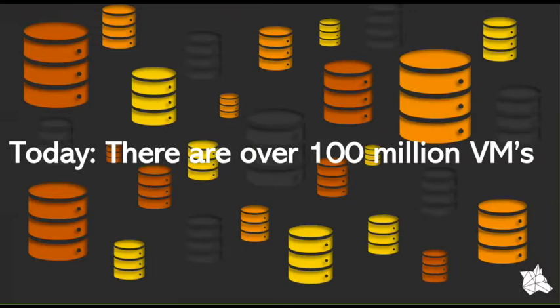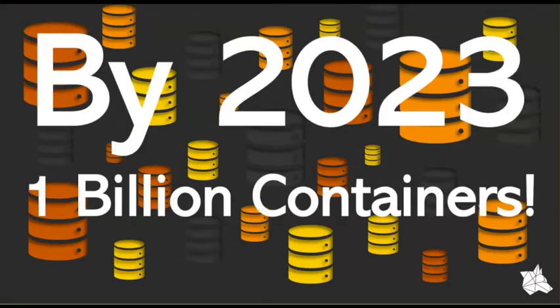So market analysis suggests that by 2023, there's going to be 1 billion containers. There's going to be 1 billion containers within the next 3 years. So that is a massive scale up. Now, a lot of those containers will obviously be for development workloads. A lot of those containers will be transient ones that are just basically helping applications scale up and scale down or perform in place upgrades.